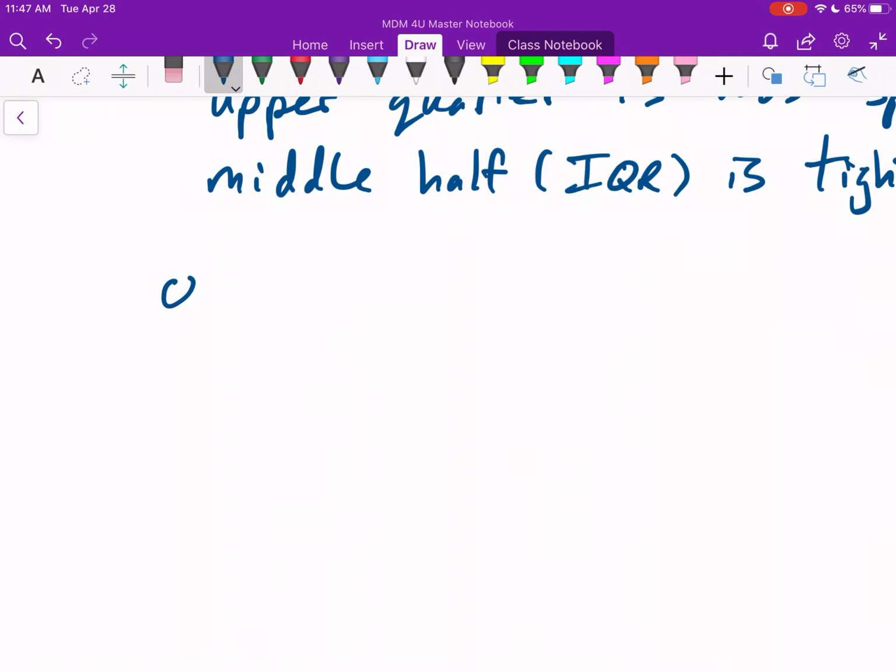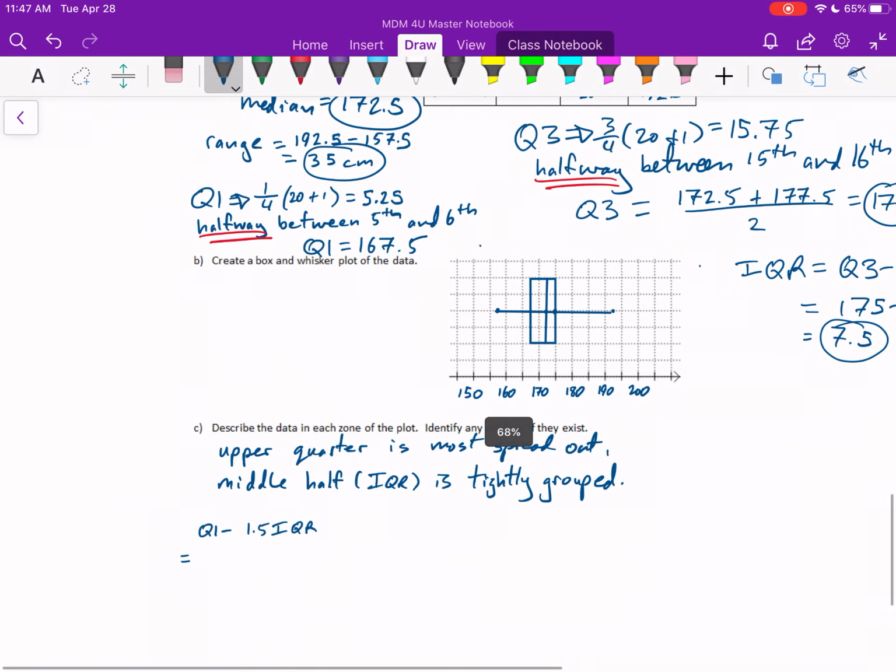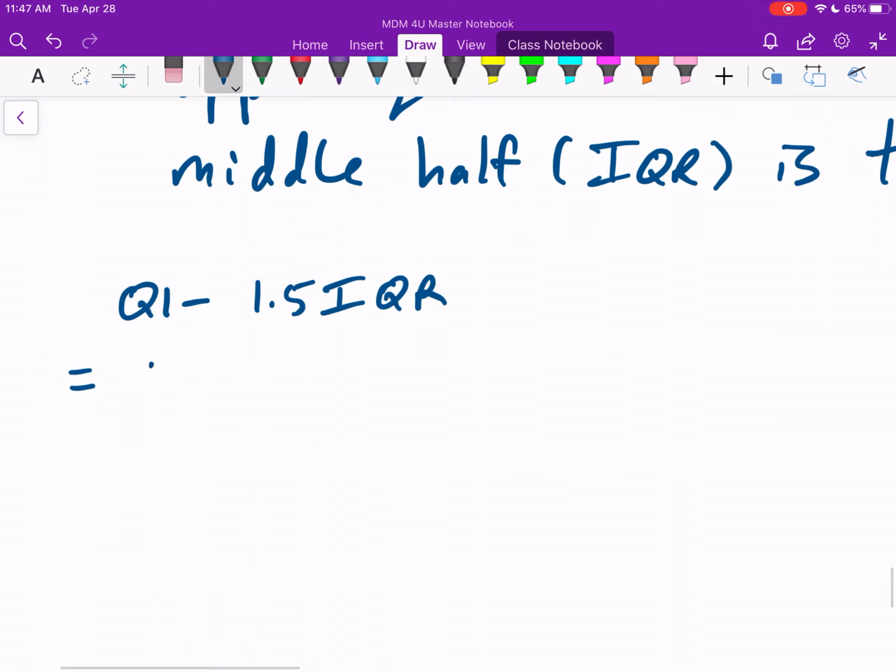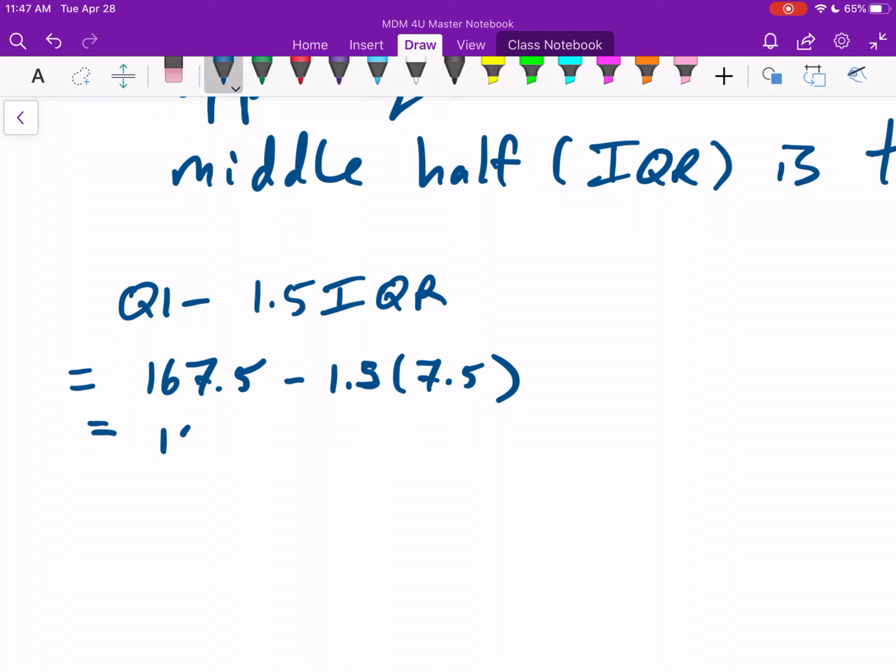So the formula was Q1 minus 1.5 times the IQR. So what was Q1 again? It was 167.5. And the IQR was 7.5. When I work that out, I get 156.25.